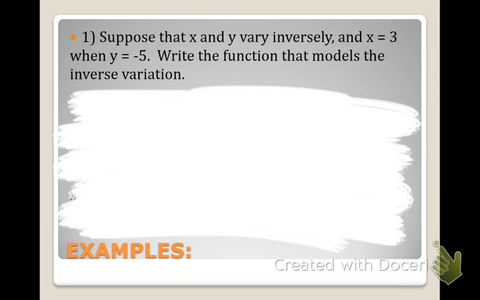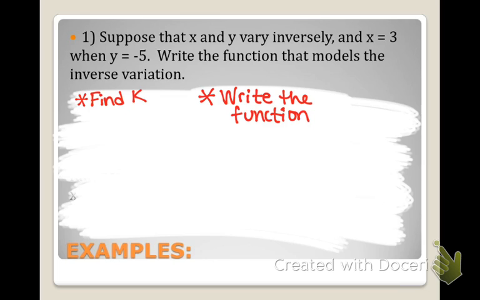The first thing we have to do is find k. And then the second thing we have to do is what they actually ask us to do, which is write the function or write the equation. So these are our 2 tasks. We need k in order to write the function, so finding k has to come first.